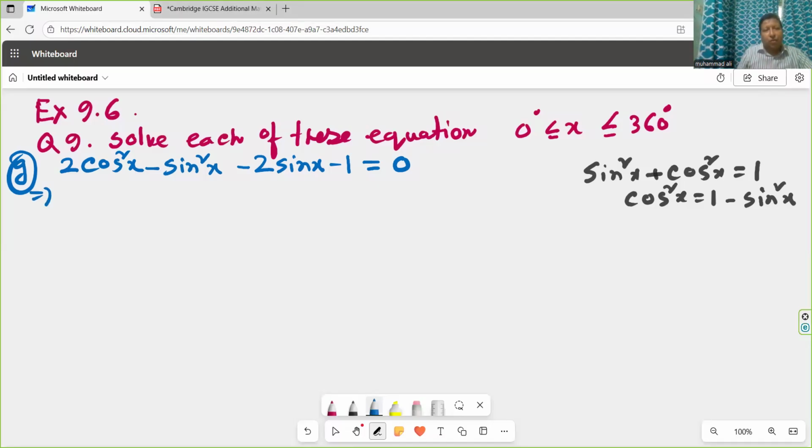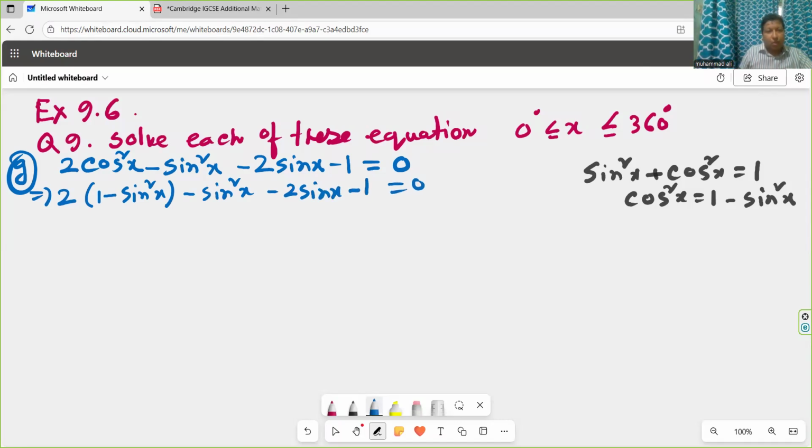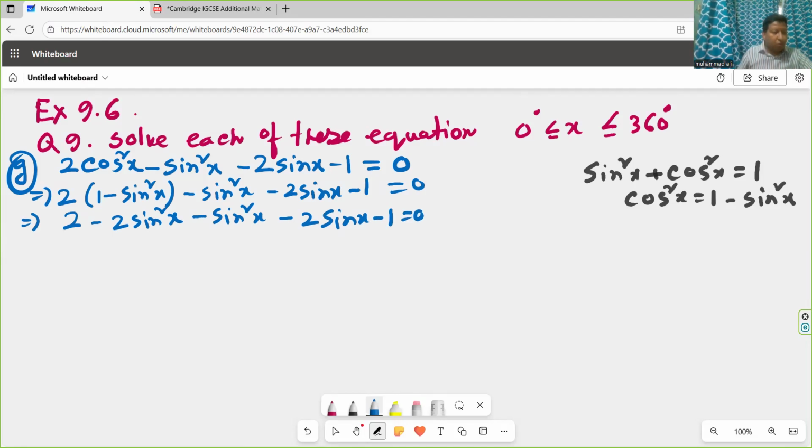Instead of cos square x, we can write 1 minus sine square x, minus sine square x minus 2 sine x minus 1 equals 0. If we remove the bracket, we get 2 minus 2 sine square x minus sine square x minus 2 sine x minus 1 equals 0.